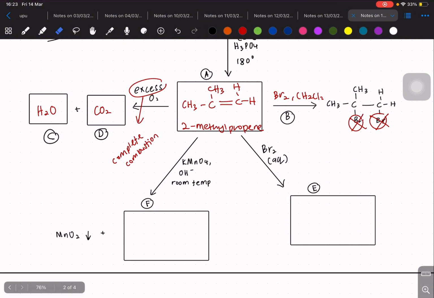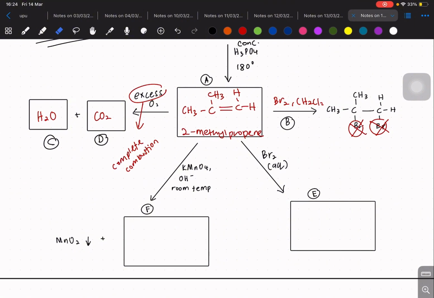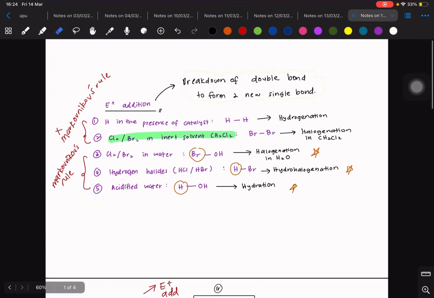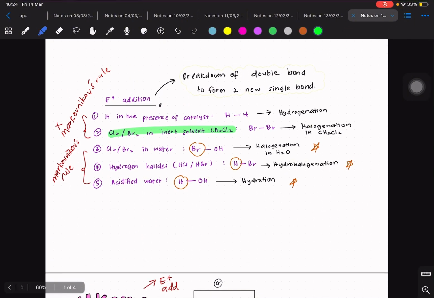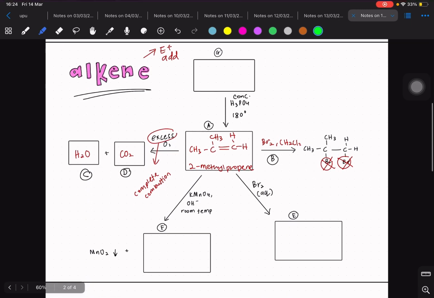Moving on, we have this 2-methylpropene reacting with Br2 in aqueous solution. We know that this Br2 is mixed with water. Looking back at our electrophilic addition, we have this one, Cl2 or Br2 in water. So Br and also OH will be added.